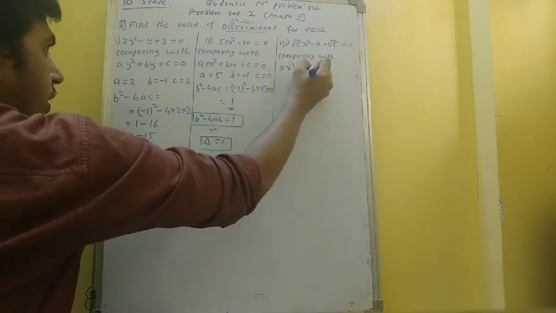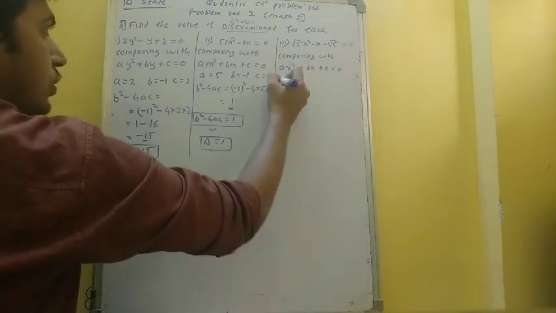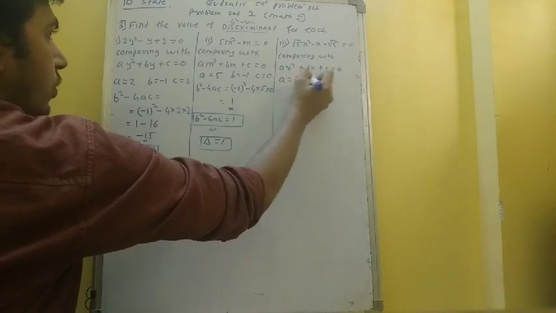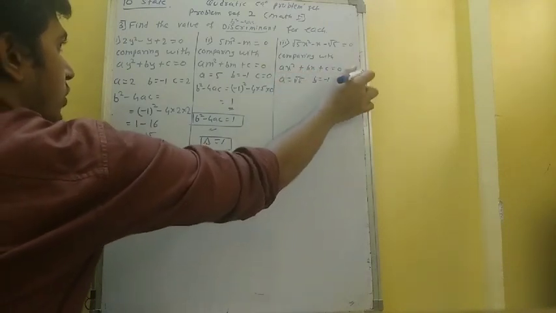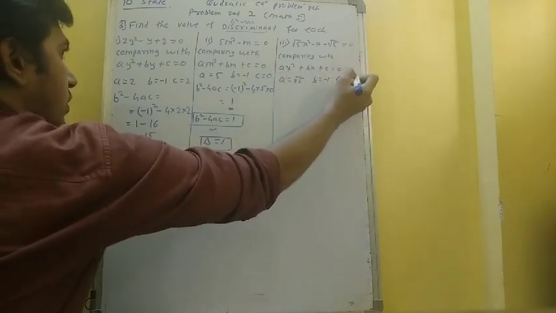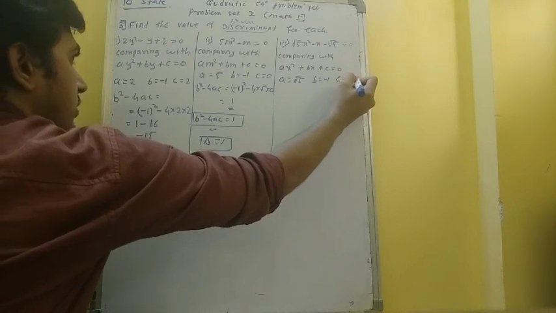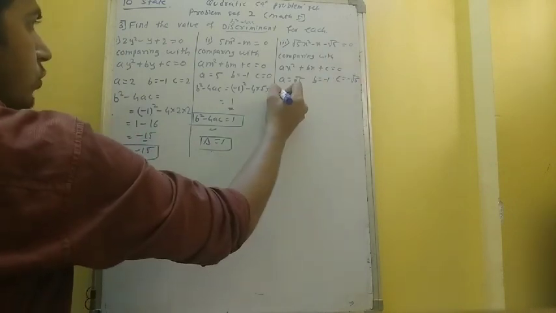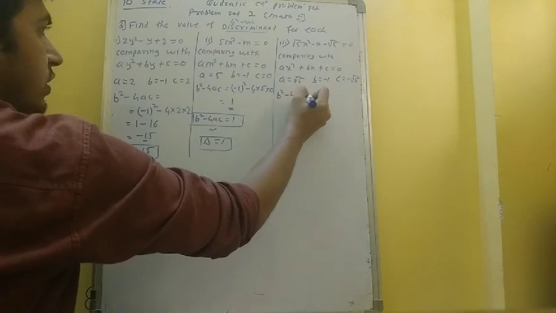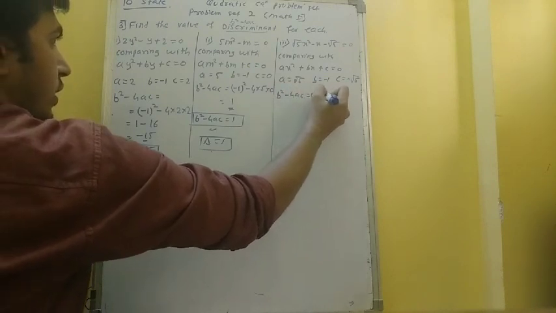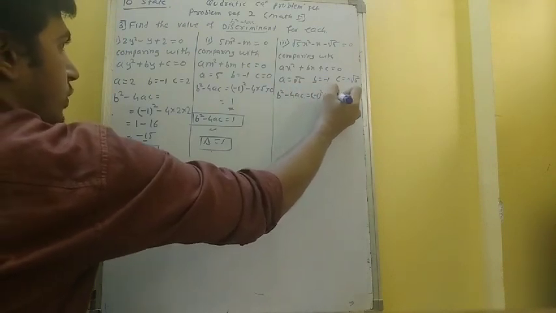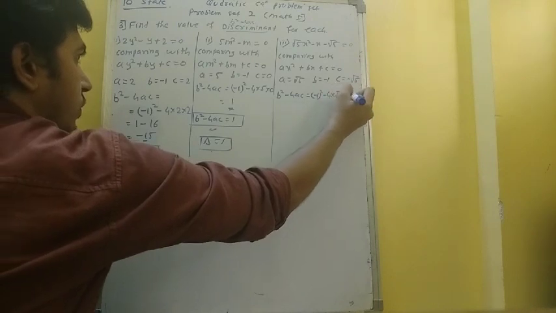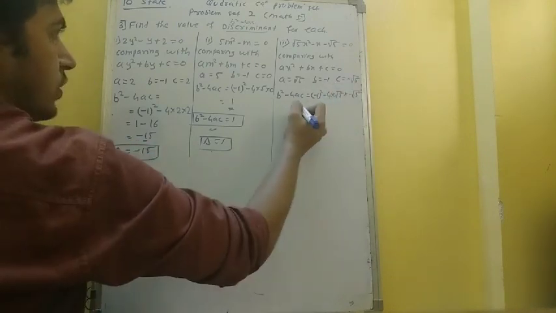Now over here again I will compare with ax square plus bx plus c is equal to 0. So a is equal to square root of 5, b is equal to minus 1 and c is equal to minus square root of 5. So b square minus 4ac is minus 1 square minus 4 into a into c.